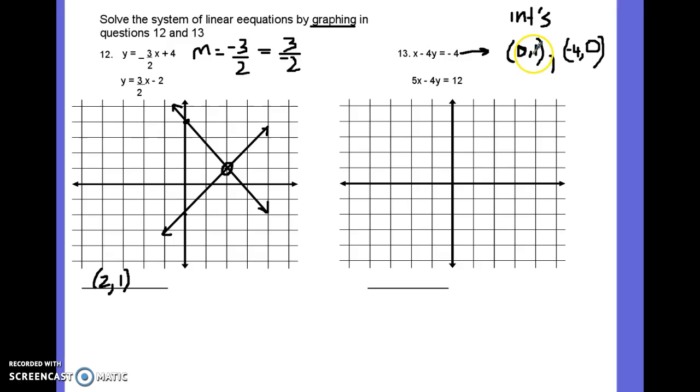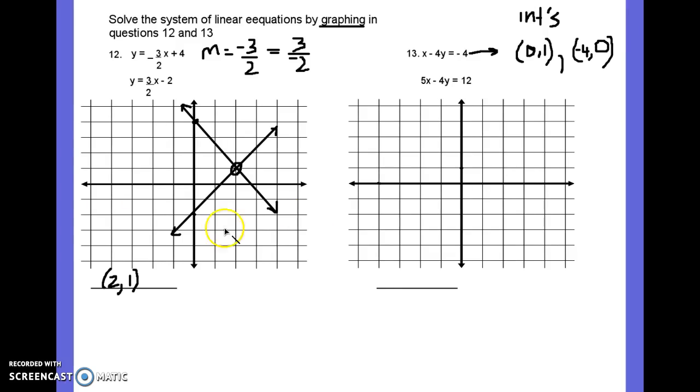So let me go ahead and do that. 0, 1 would be right here. And -4, 0 would be 1, 2, 3, 4, 0 would be right here. So this is the first line. It looks something like this. First line.